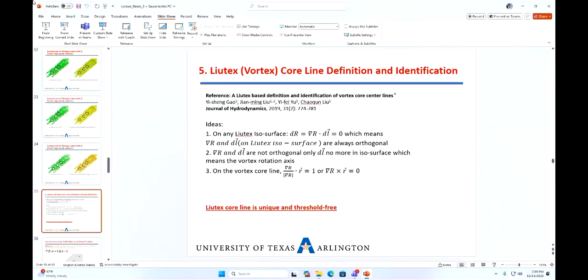Make sense? So usually the gradient of R is orthogonal with R, but in the core line, they are the same. Gradient of R and R are the same. That's the definition that we put here.